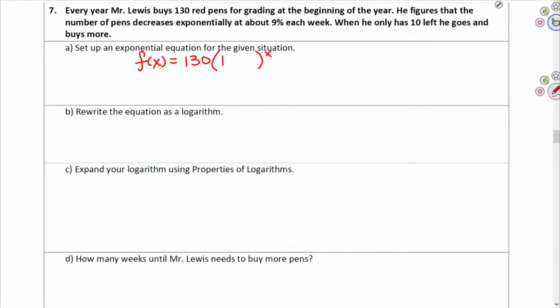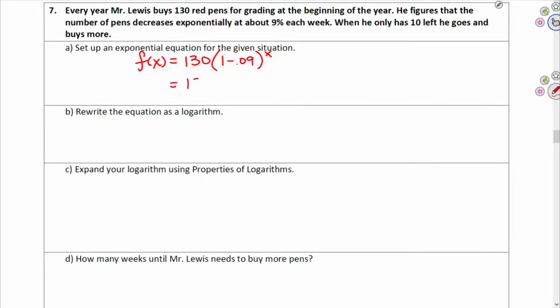So from 1, which would mean I don't change at all, my number of pens don't change at all. I'm decreasing, so subtract 9%. So 9% as a decimal is 0.09. Okay, and that's my function.